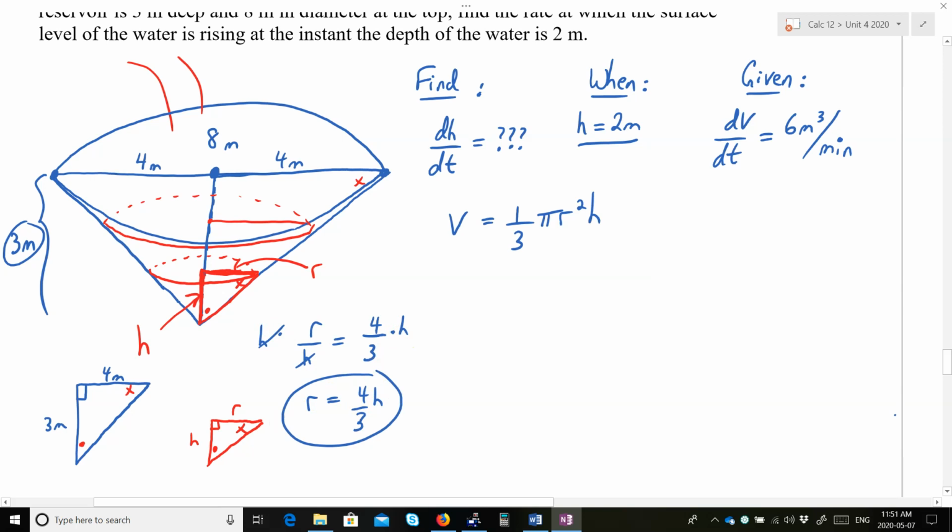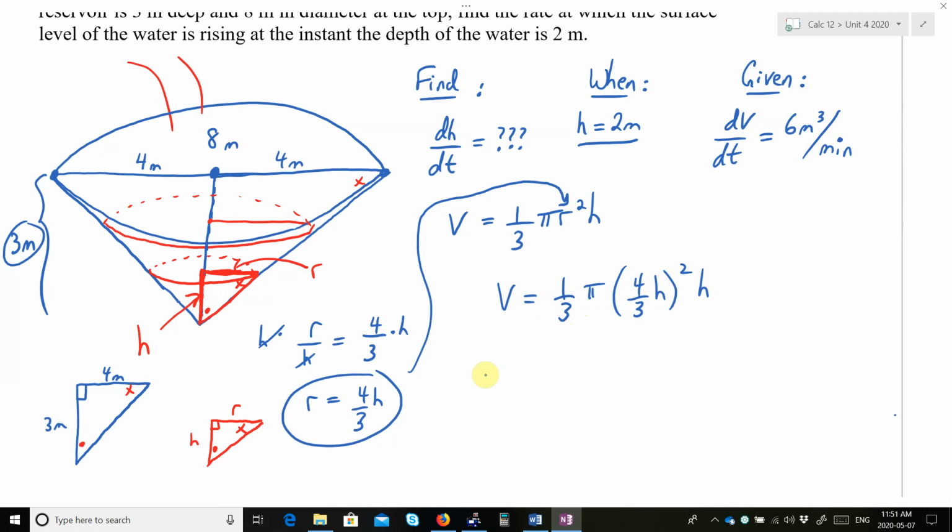And I'm going to take this and I'm going to plug it right here. And so our volume will be 1/3 pi. And instead of r squared, I'm going to have 4/3 h squared times h. And now that will kind of help us with our two variable problem.